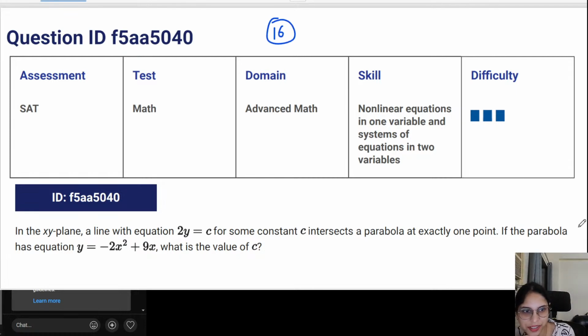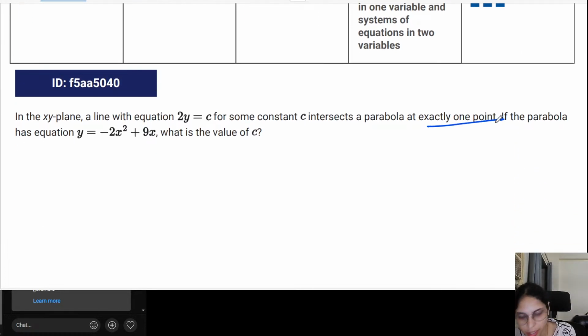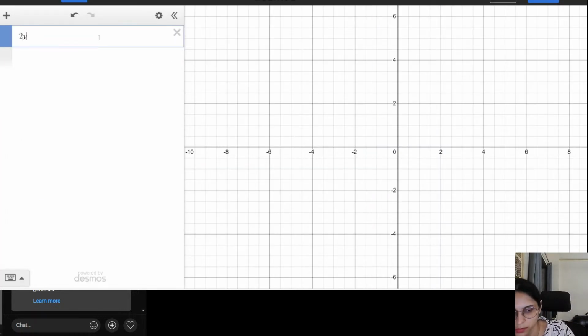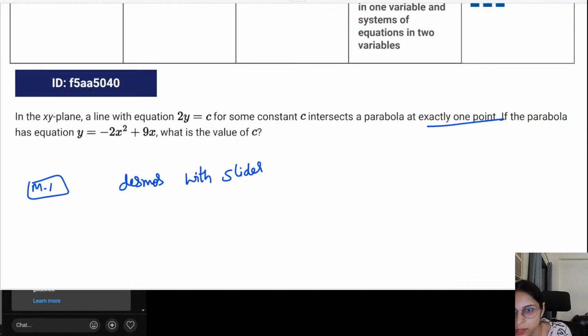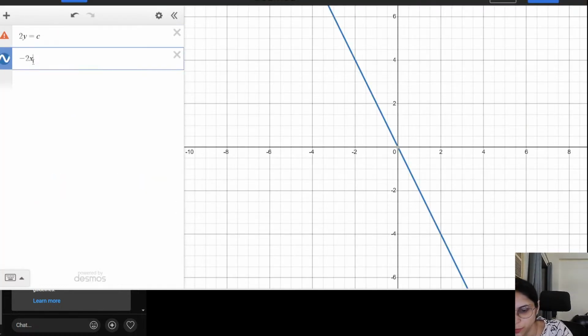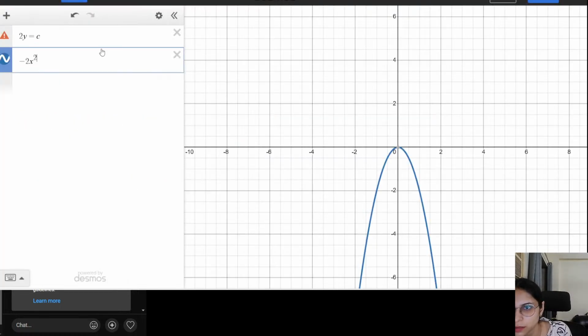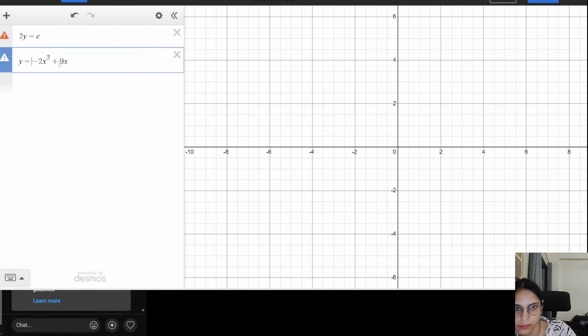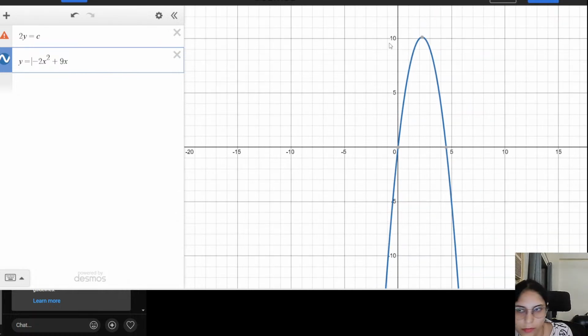Again, we can use slider. Initially I was doing these questions without the slider, but now we'll try using the slider. So you can use Desmos with slider, or you can also use Desmos without slider. So 2y equals c, and negative 2x squared plus 9x, y is equal to that much.